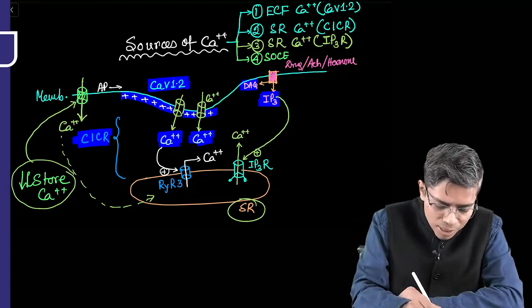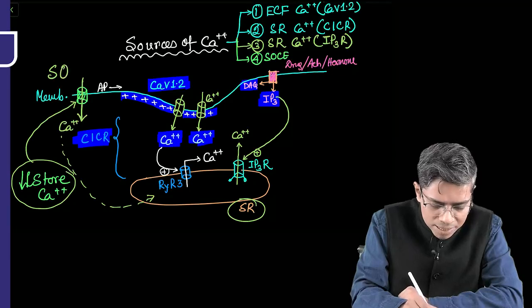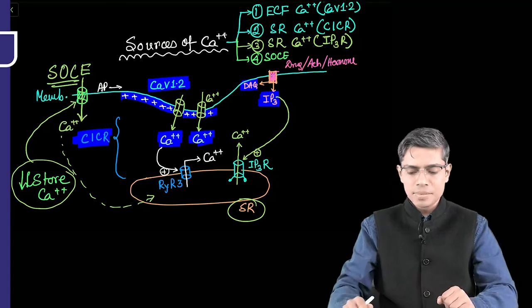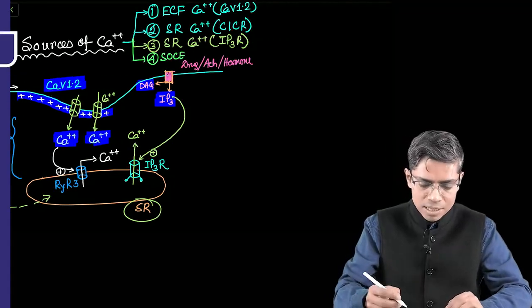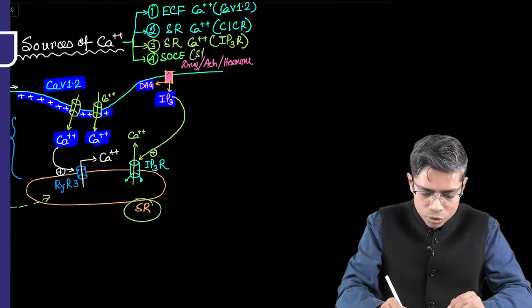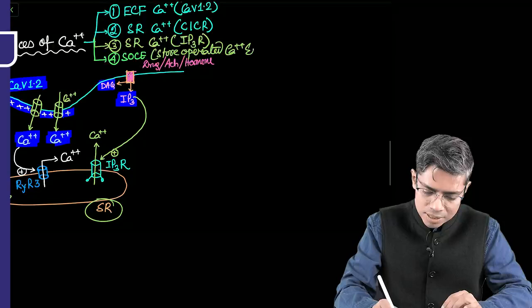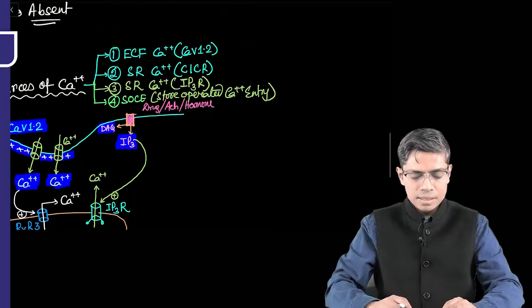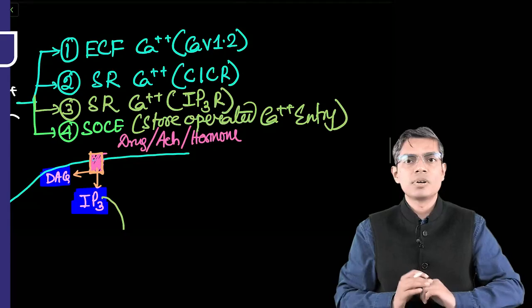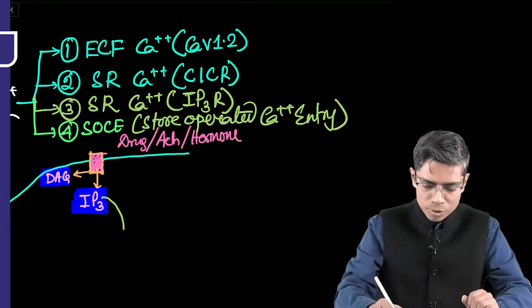This channel is known as store operated calcium entry. So SOCE is nothing but store operated calcium entry into the cell. So now I can understand that there are four major sources of calcium in smooth muscle.